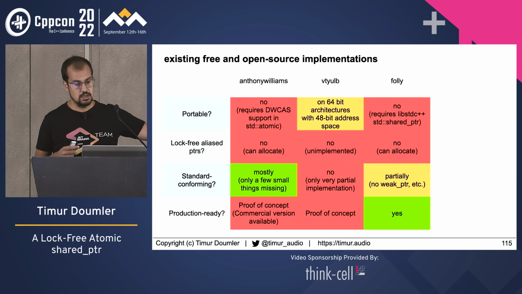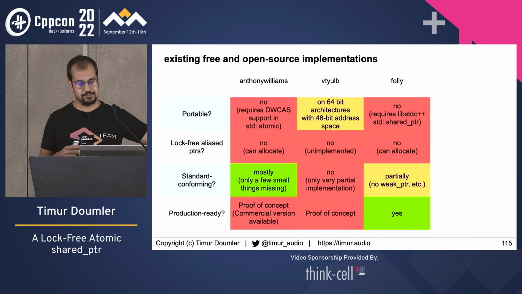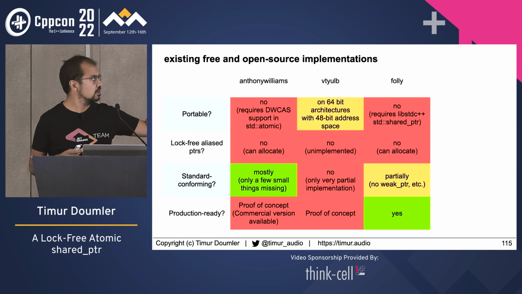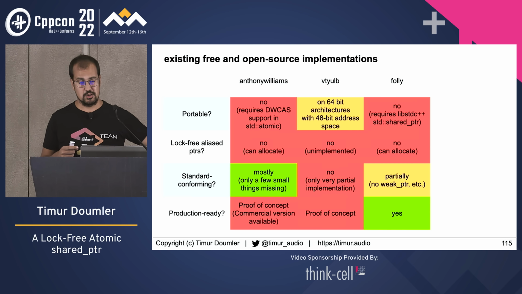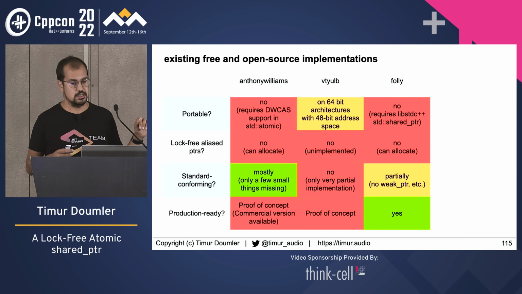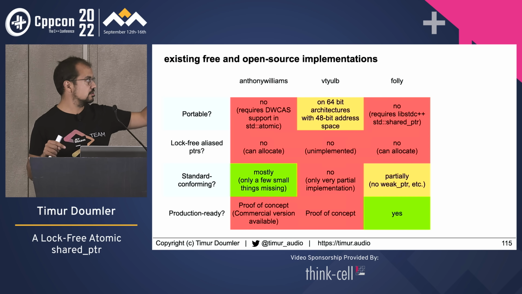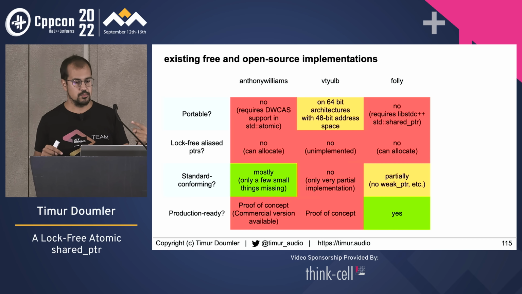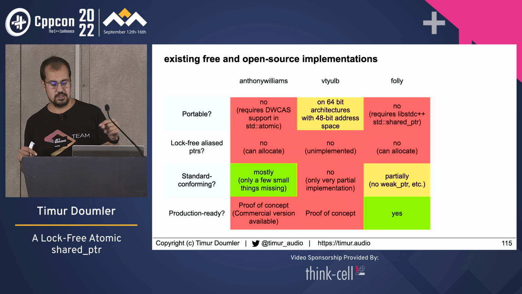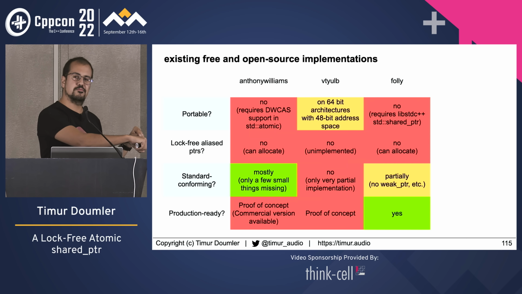Vladislav's version works anywhere where you can use this pointer packing trick. So that's good. Folly is also not portable because it actually requires the GCC standard library, because they are using std shared pointer directly. So the other two have their own shared pointer. Folly hooks into std shared pointer, and they have this evil trick where you use explicit template instantiations to get into the private members of a class.